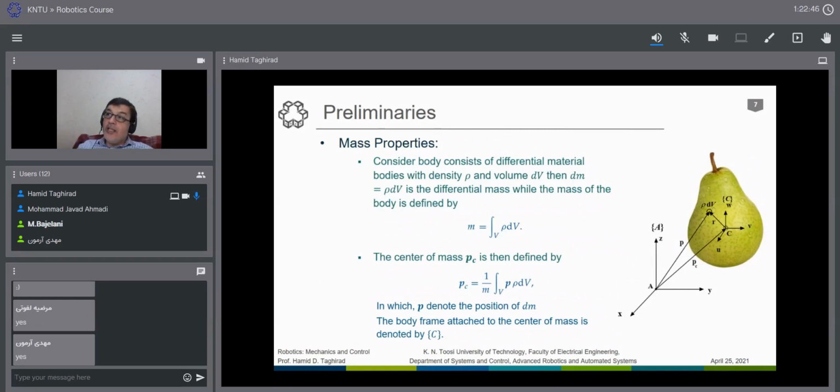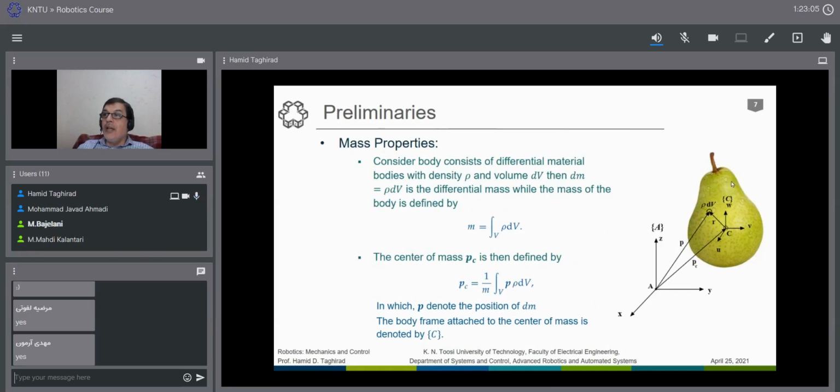So to find the mass, we can take a particular particle, a very tiny part of this very beautiful pear, as you see here, find the mass of that, and then integrate over all the volume.